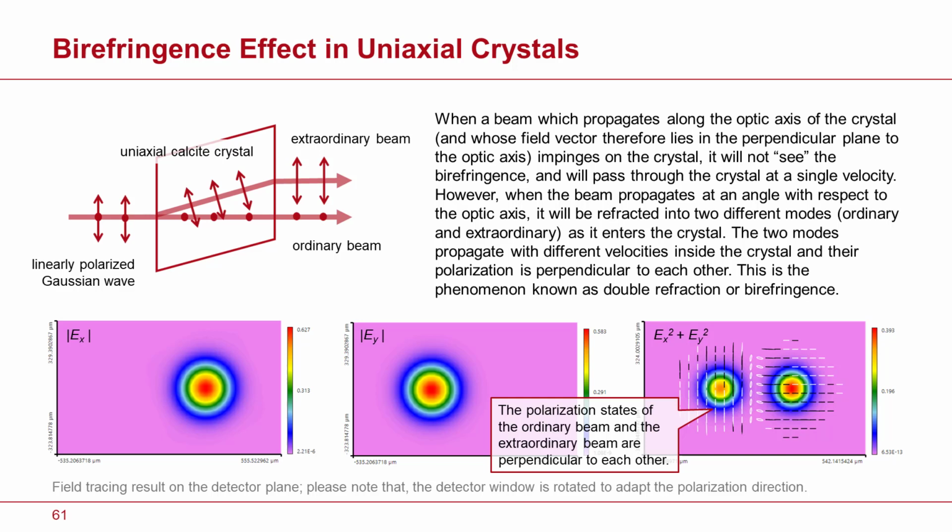And so we'll get two replicas or two modes, two beams out of that initial single beam after it has propagated inside the crystal. So let's go directly to VirtualLab Fusion for this example.